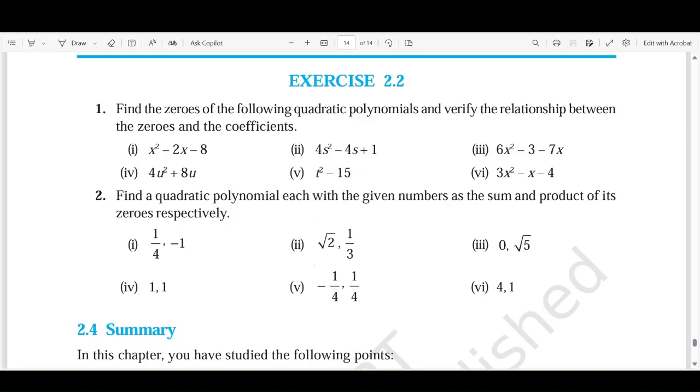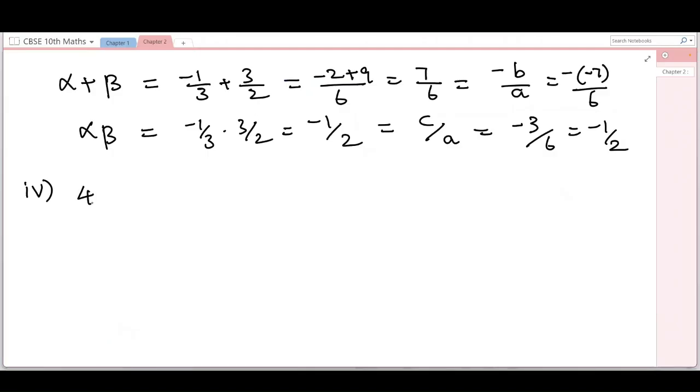Fourth one, 4u square plus 8u. This is also a quadratic polynomial. Though the constant term is not there, it is considered to be a quadratic polynomial because the highest power of the variable is 2.